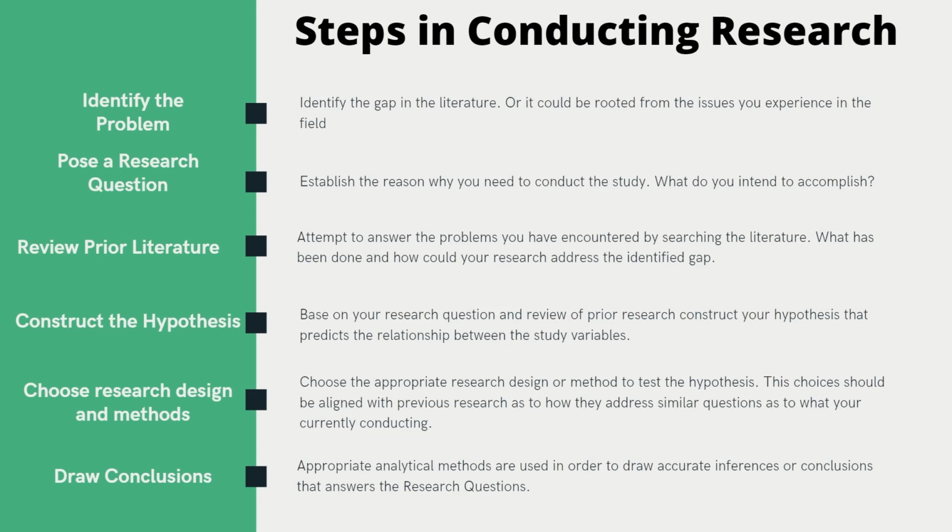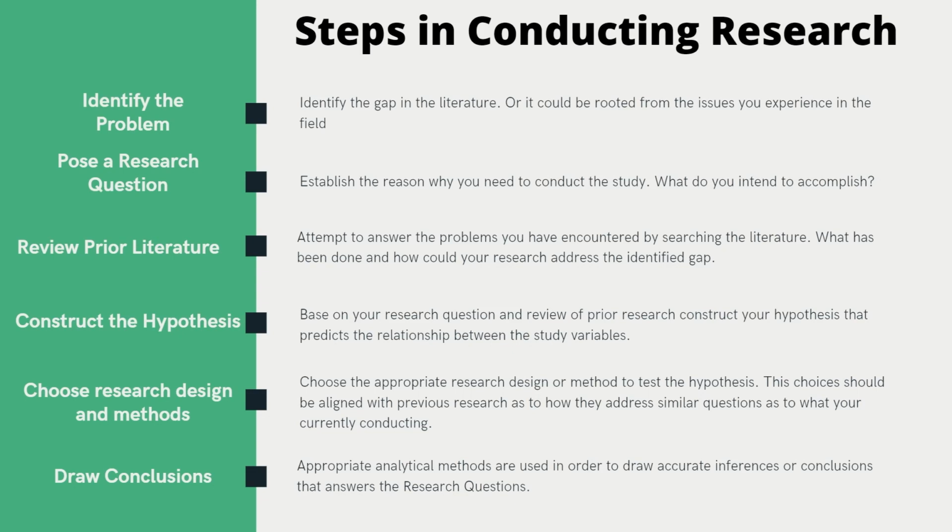Right? And also choose a research design or method. Under this, you choose the appropriate research design or method to test the hypothesis. These choices should be aligned with previous research as to how they addressed questions similar to what you're currently conducting. Remember, in steps 1 and 2, we looked at similar studies.